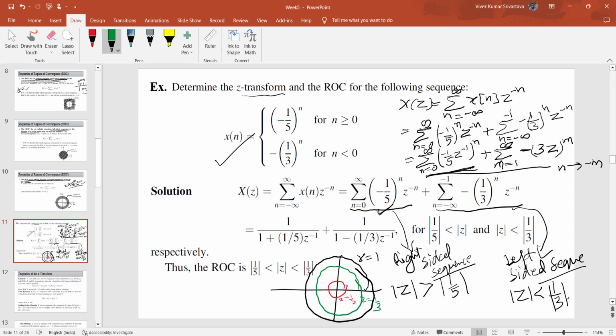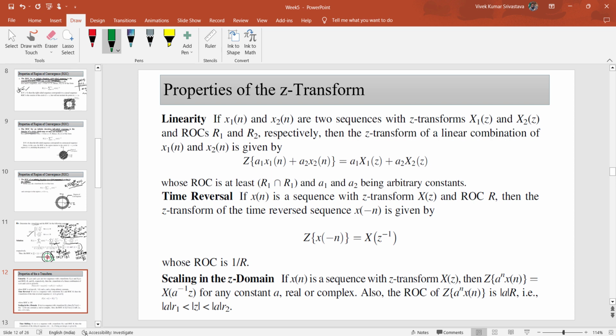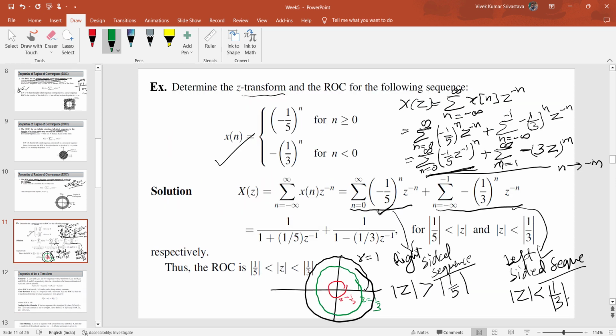So the ROC of the first, the right sided sequence, is z greater than 1 by 5. So this portion is the ROC of the first right sided sequence.